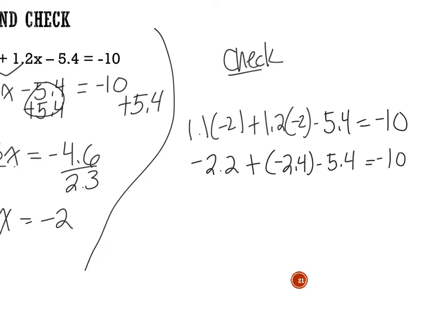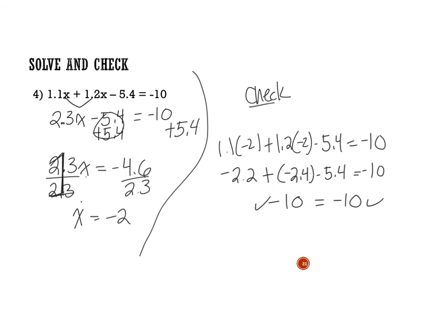You can put it all in your calculator. Negative 2.2 plus negative 2.4 minus 5.4 equals negative 10. So negative 10 equals negative 10. My answer checks out.